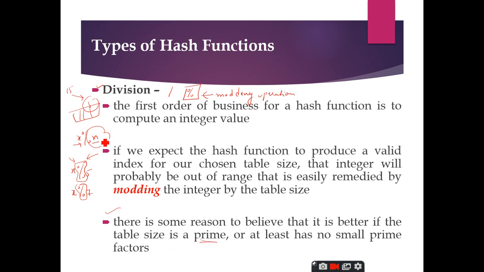The denominator by which you are dividing the value with the modulo operator should be a prime number. It is not a thumb rule, nobody is forcing you to take n as a prime number. You can take any number of your choice, but there are a lot of mathematical proofs showing that if we apply the modulo division operator using a prime number, then the results will be very good.